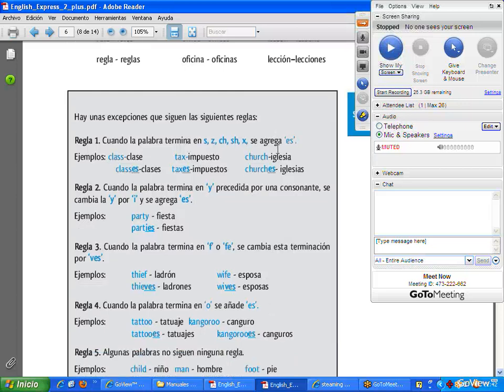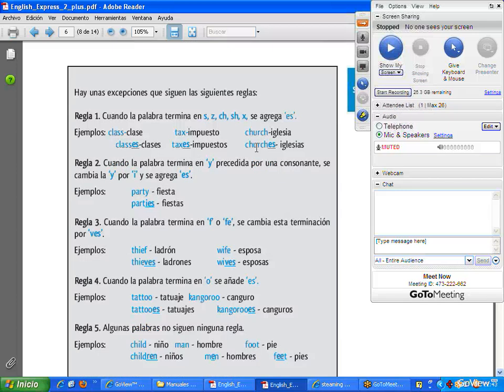When we say he works or he plays, it's the same endings, okay? Okay, this is class, okay? We say classes, tax, taxes, church, churches.